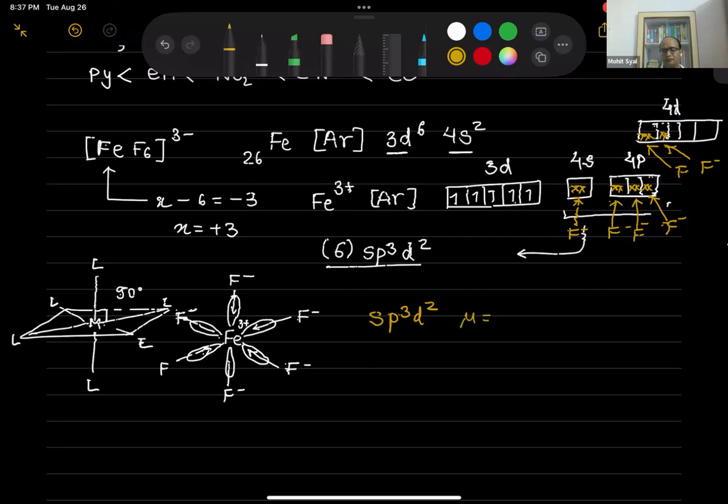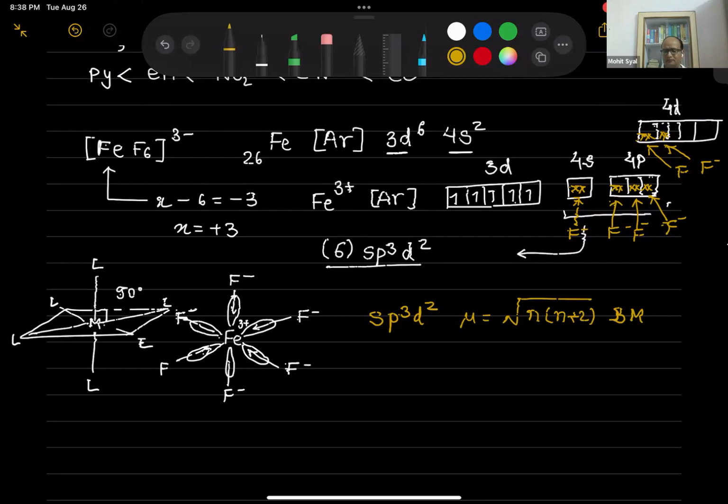It is paramagnetic, and the formula for the magnetic moment, which is a measure of how strongly the complex or the compound is going to feel the attractive force in the magnetic field, is under root n into n plus 2. And the unit is Bohr magneton, where n represents the number of unpaired electrons.